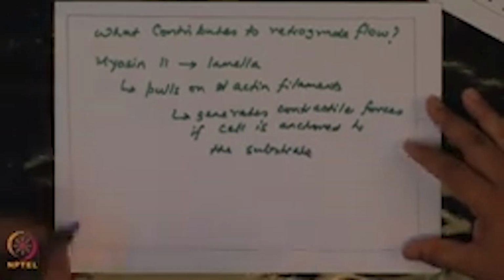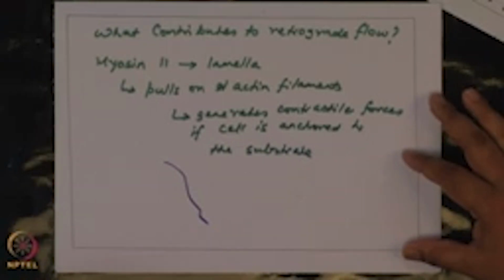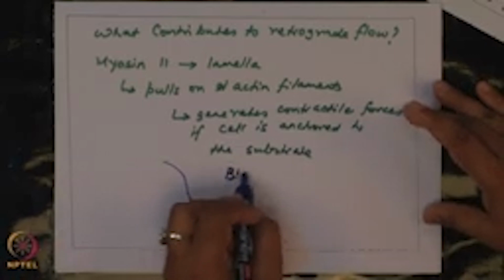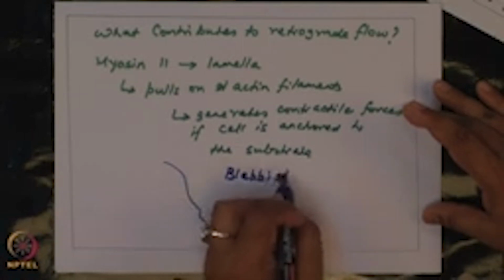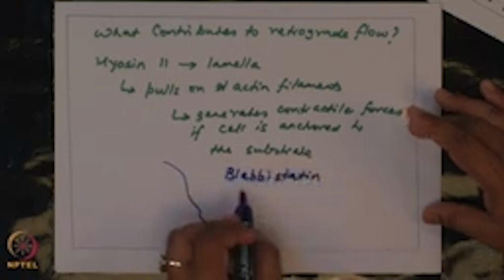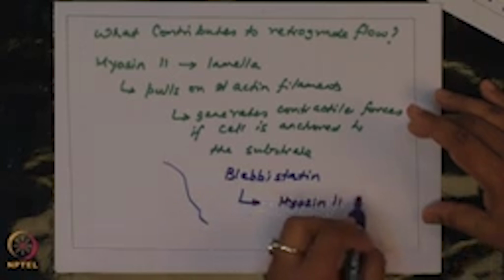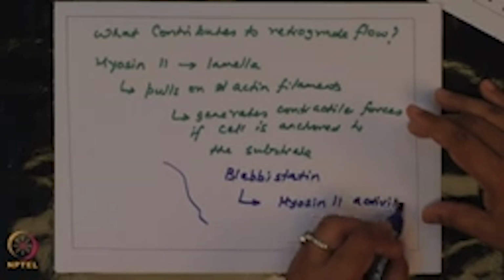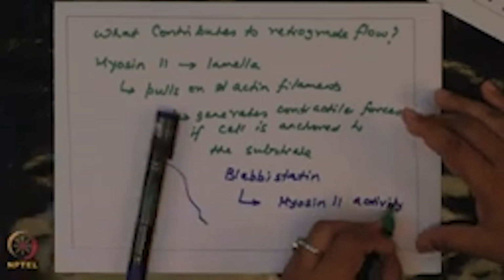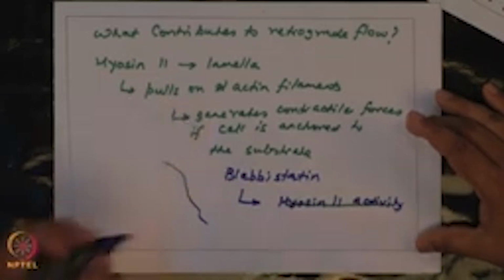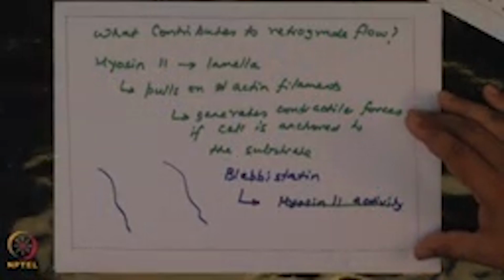So, they did this experiment in which at the leading edge they treated cells with blebistatin. This is a drug which inhibits myosin 2 activity. By doing perfusion experiments, what they found was, let us say this is my leading edge and you have retrograde flow.